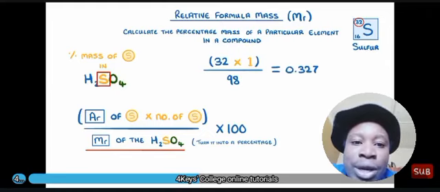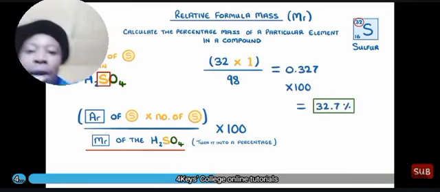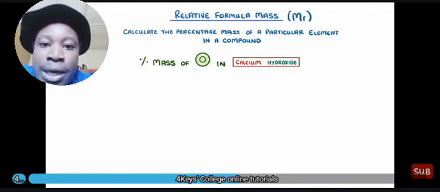But there are cases where you do not need to multiply by 100, as you shall see in the next example, where you can use that fraction to calculate the mass of a particular element in a given mass sample of a compound. So we'll look at that in the next example. So here, if we multiply by 100, we are going to get our 32.7%.